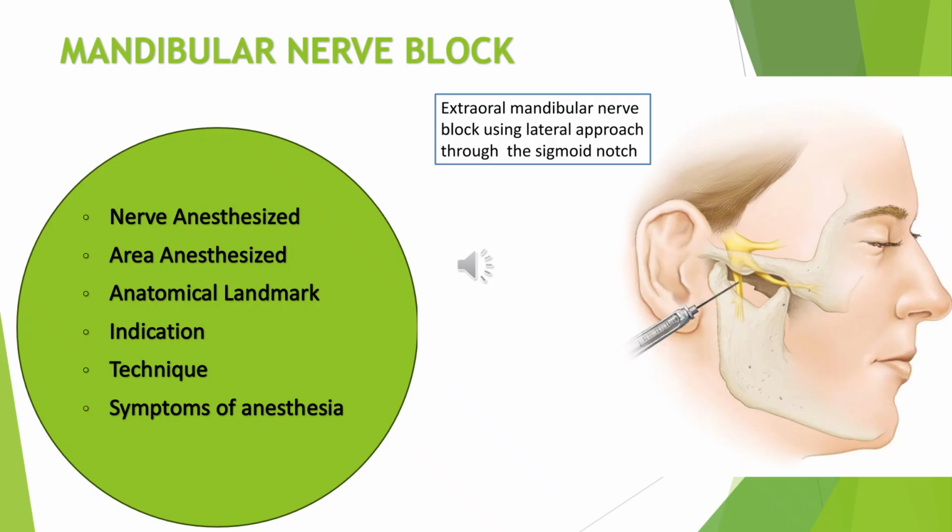The technique followed for mandibular nerve block is essentially the same as that used for block of the maxillary nerve, with the exception that a marker is placed on the needle at a measured distance of 5 cm. After the needle contacts the lateral pterygoid plate, it is withdrawn exactly as in the maxillary block.